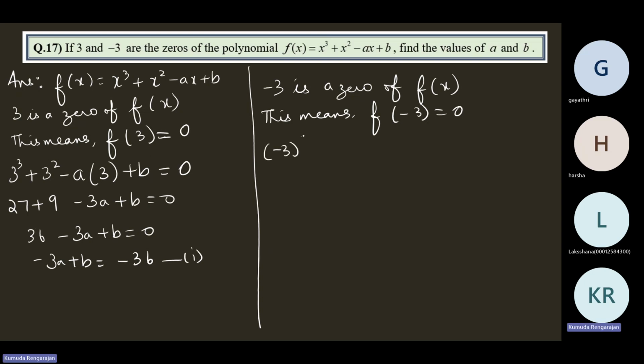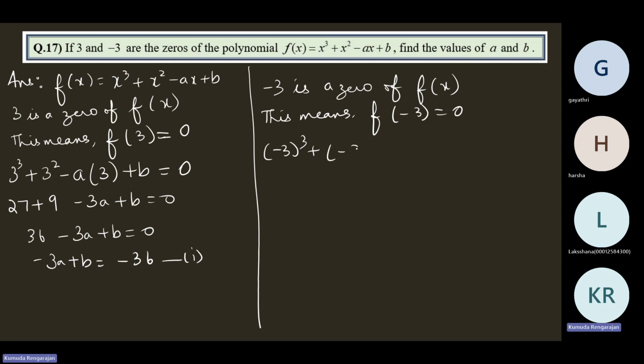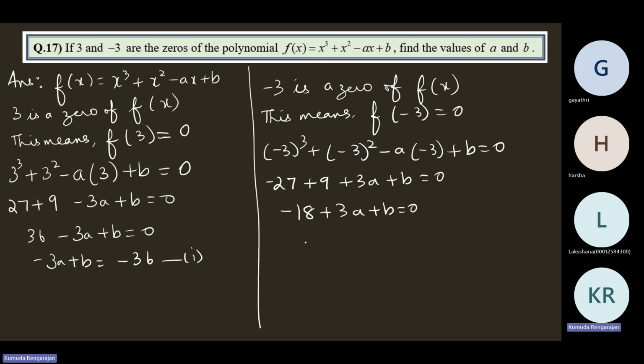Minus 3 the whole cube plus 3 into minus 3 the whole square minus a into minus 3 plus b is equal to 0. It will be minus 27 plus 9 plus 3a plus b equals 0. This is minus 18 plus 3a plus b is equal to 0. So we have 3a plus b is equal to 18.